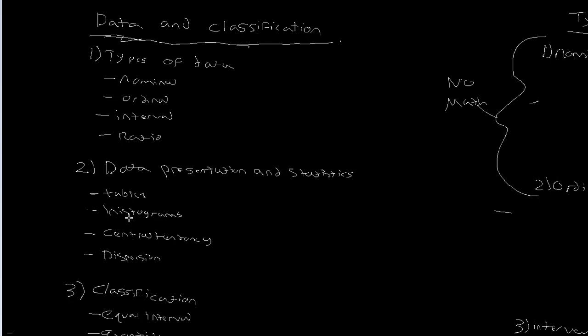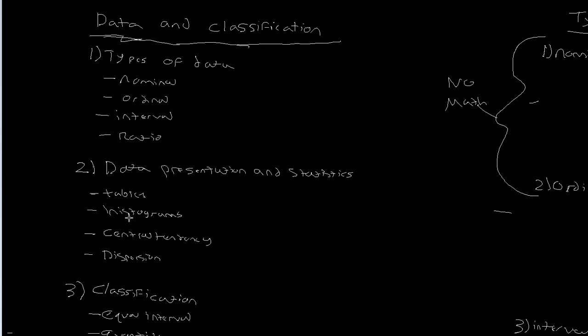Now, I want to be clear here and say that there are many, many forms of data visualization. There are many ways that we can compare different variables, and all of that is extremely important, but we're not going to talk about it in these discussions. We're going to limit ourselves to talking about the tabular raw data view, histograms, and then some descriptive statistics like central tendency and dispersion.